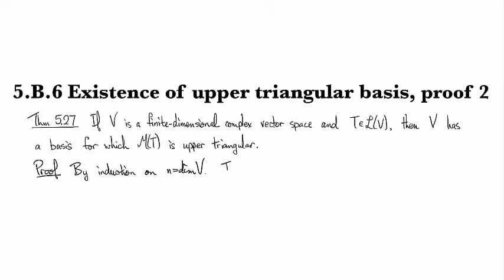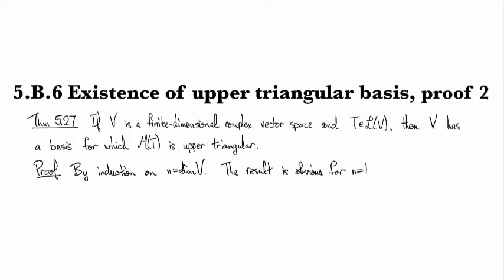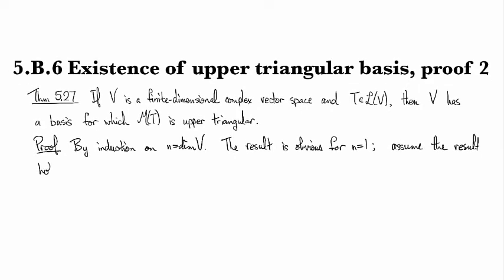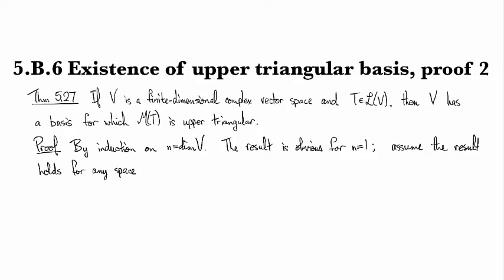And also, again, the result is obvious for n equal to 1. So we're going to make our inductive hypothesis, which is that we assume the result holds for any space of dimension n minus 1.